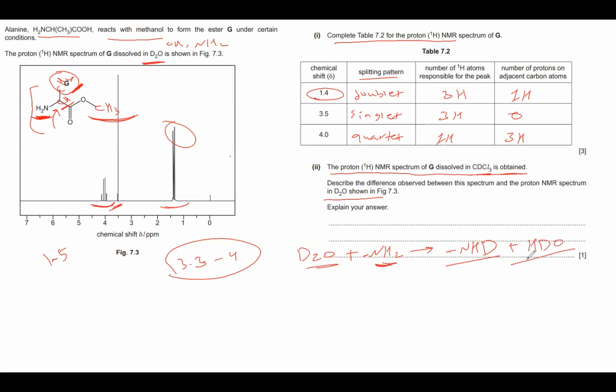That's why we don't see the signal or the peak of the hydrogen of NH2, due to the constant exchanging of H atom with D atom.